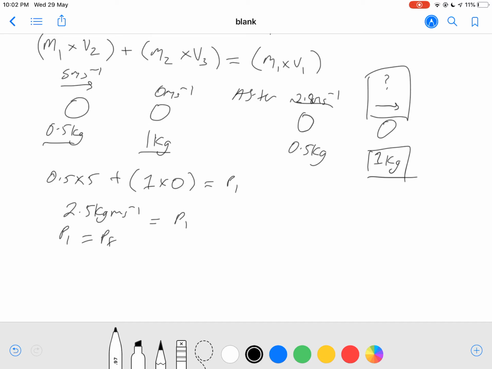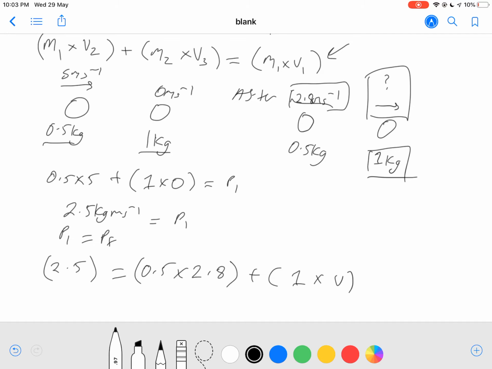So 2.5 is equal to 0.5 times the new velocity, 2.8, added to 1 times an unknown velocity.